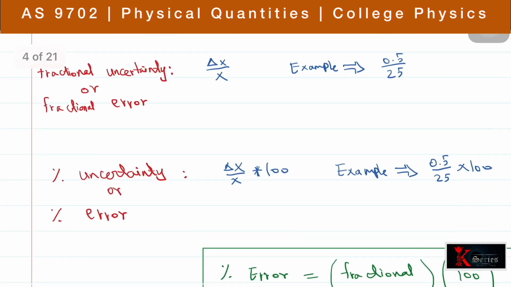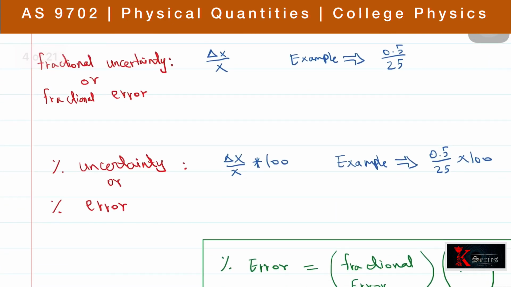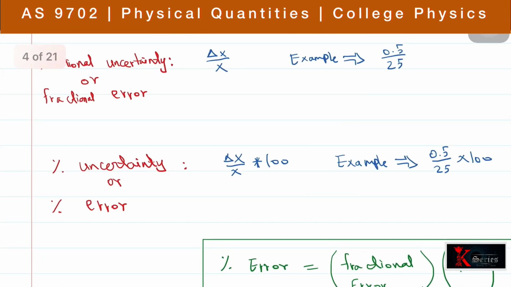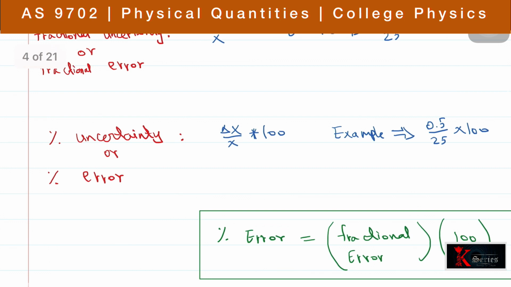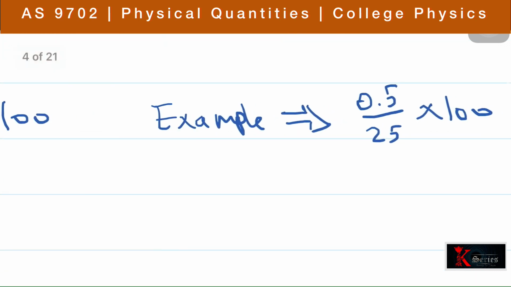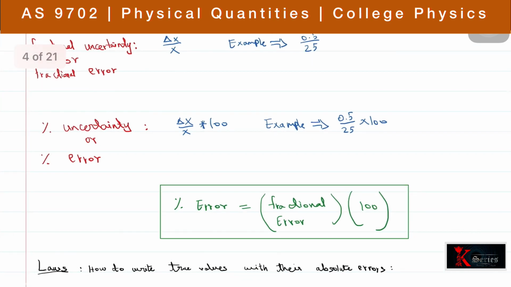Now, in order to find the percentage uncertainty or percentage error, we take the fractional uncertainty and then multiply it by 100. For example, we write it as absolute uncertainty upon the true value multiplied by 100. An example is 0.5, which was the absolute uncertainty, upon 25, which was the true value, and then we multiplied it by 100 in order to obtain the percentage uncertainty, right?